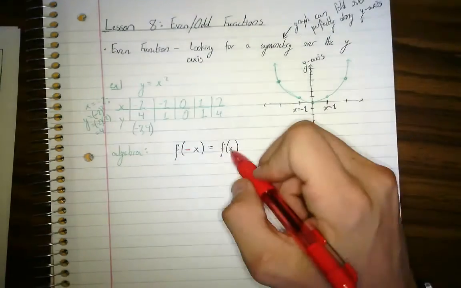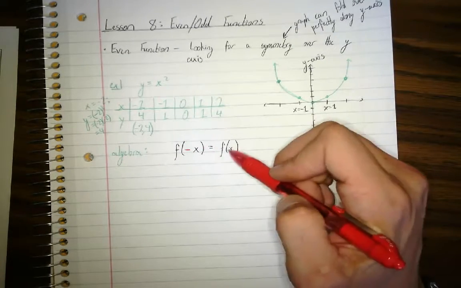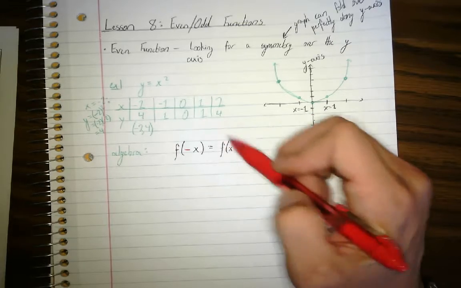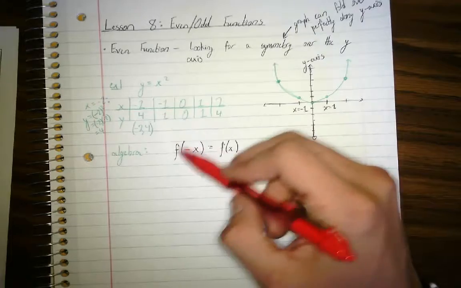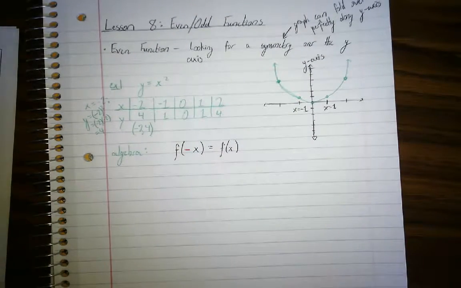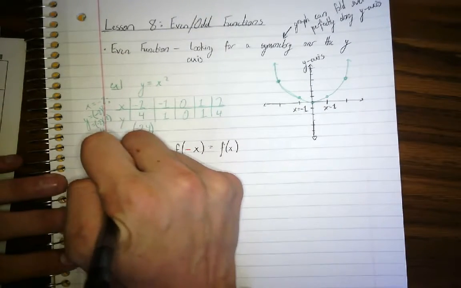So we put in an x, for example, we put in a 1, we'll get out a positive 1, so our f of 1 will be 1. But if we put in a negative 1, we'll also get a positive 1 out. So we can see that in a specific example like x equals 1.